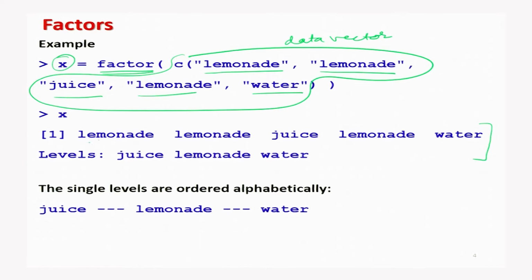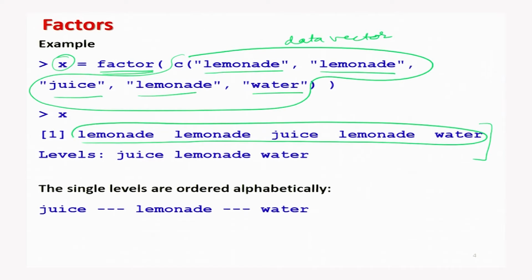You can see here first this data vector is reproduced, and after this it has automatically assigned the labels. There are three unique values in the data vector, which are juice, lemonade and water, and these values have been assigned as labels: juice, lemonade and water.